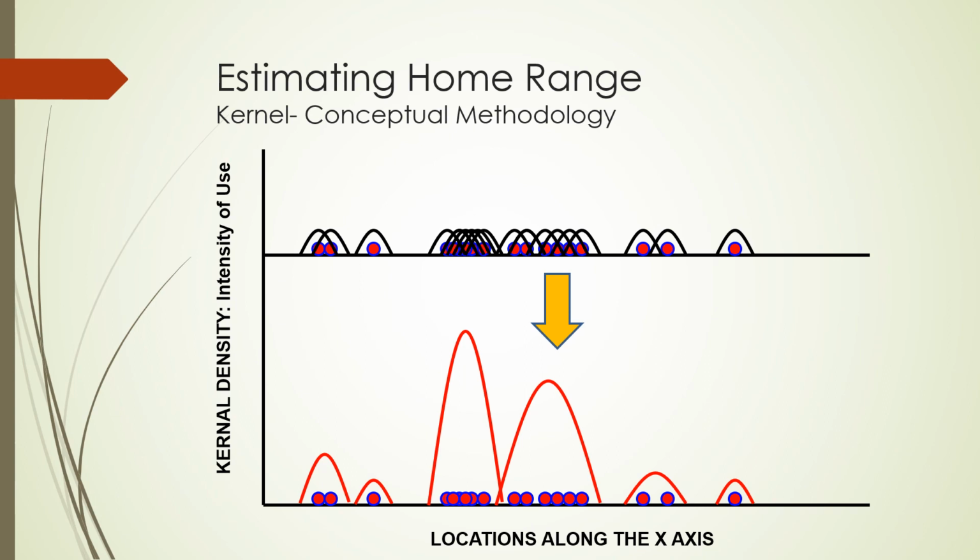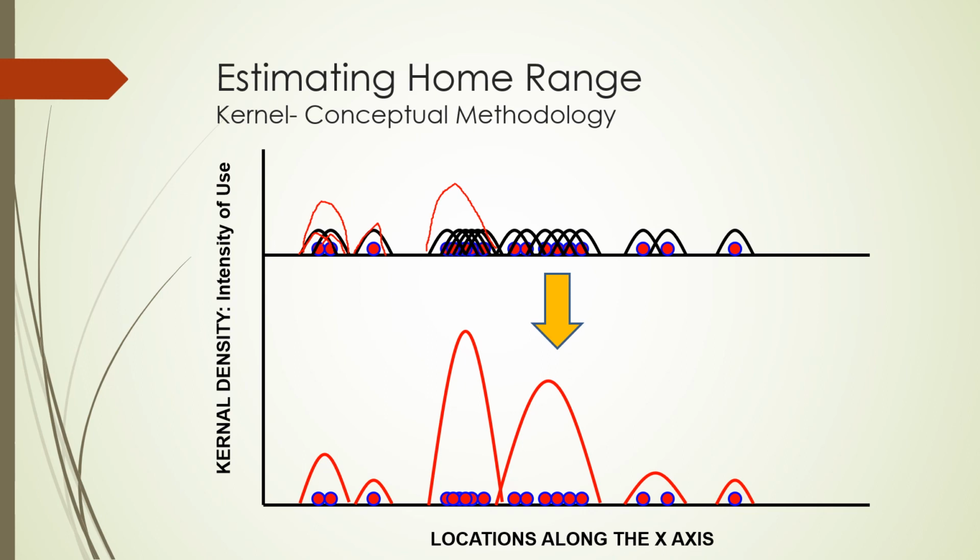If you're assuming a small kernel, then each one of these points has a small utilization distribution around it, and you put those together, you get a little hump here, you get a little hump here. Maybe this is going to sum up to something bigger like this. So you're going to have a lot of kind of narrow peaks.